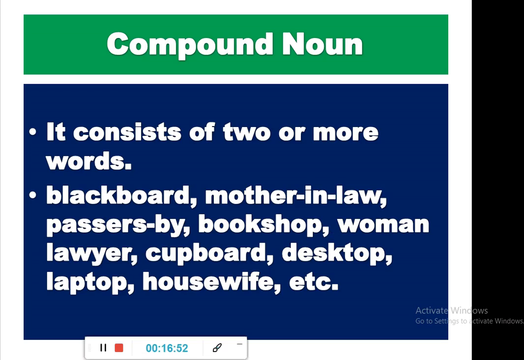So there are definite rules that govern the pluralization of various compound nouns. Then the rule that governs the pluralization of mother-in-law is the pluralization of the key word. The key word here is mother. So what we do is to add s to mother, and we have mothers-in-law, not mother-in-laws. Alright?